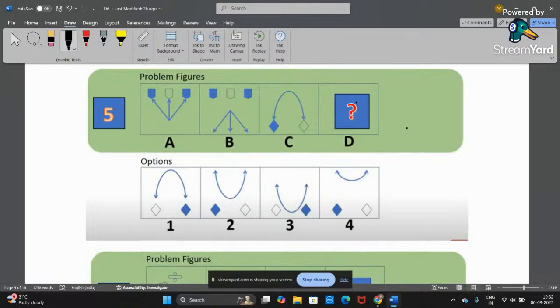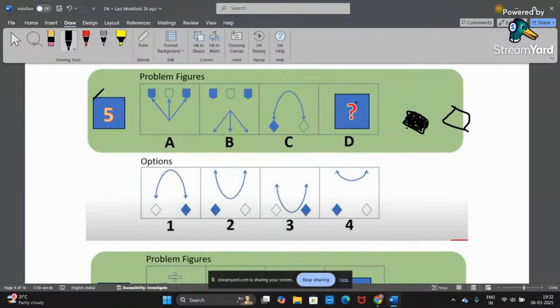So in this, the diamond should not be replaced anywhere. It should be as such. Let's draw it, because these three blocks are not replaced, so they are kept as such. So even here one should be filled with color, and another should be transparent, right? Think that this is filled with color. Let's move on to solving.